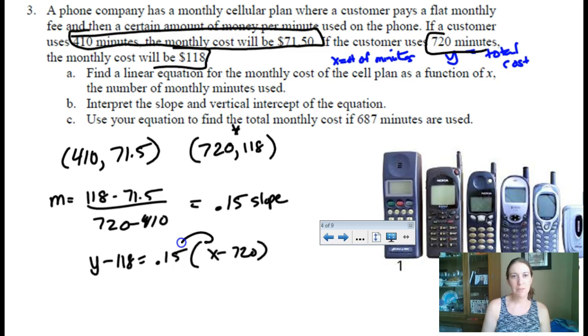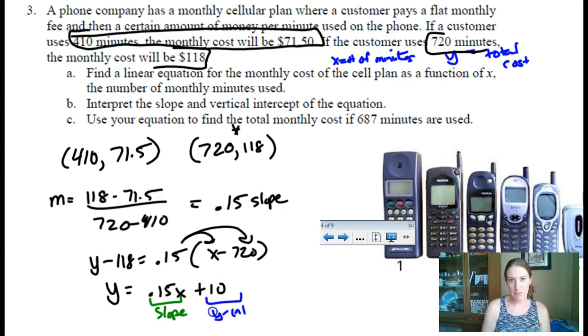And then after a little bit of distribution, and then collecting my like terms, I get 0.15x plus 10. So I already knew the slope was 0.15, but now I can see through my manipulation of the equation that my y-intercept is 10. So the next question says, what does that mean?